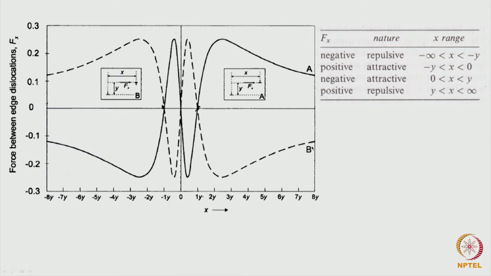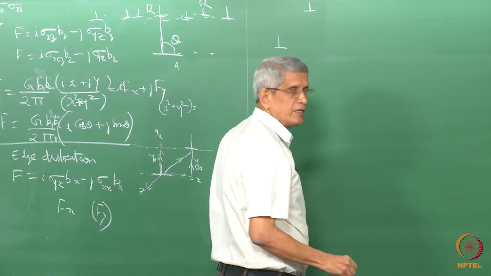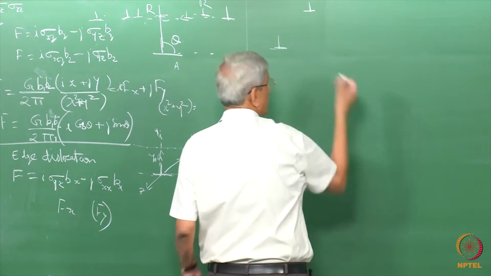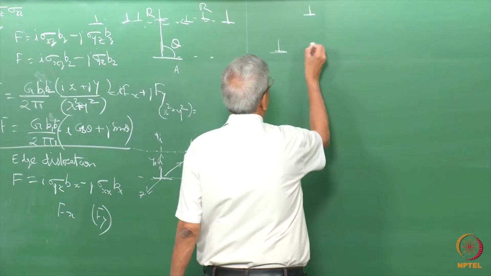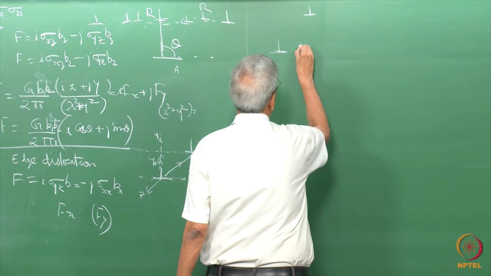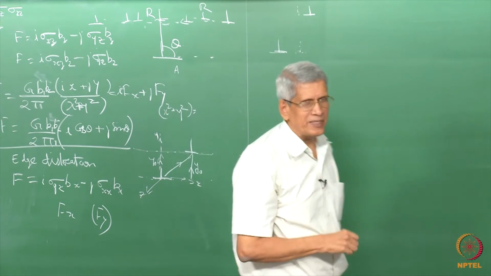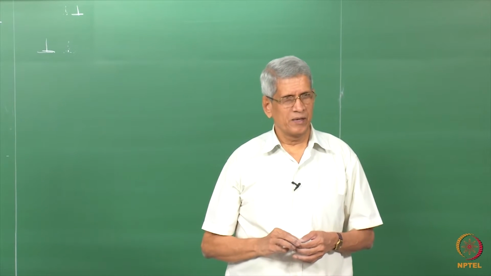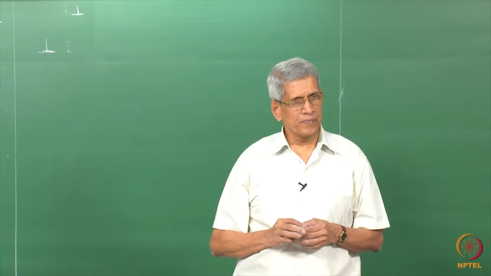So the effect of it is that, suppose we have one dislocation and another dislocation of the same sign, and both are moving. If they move and reach a position like this, in this configuration it has a minimum energy. It will try to maintain that because the force in the x direction becomes 0.